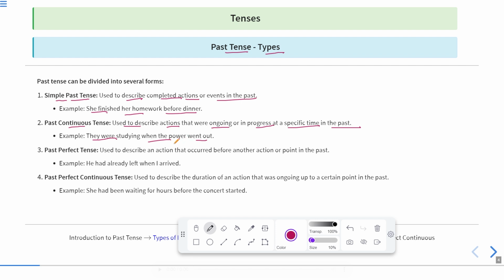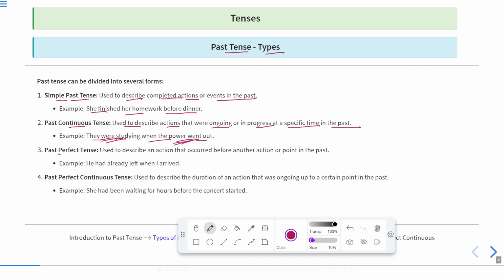Okay, so the time was when the power went out, and what they were doing at that time, they were studying. So here it is shown that some action was going on in the past, and what indicates the past? When the power went out. It is possible that the speaker is referring to a point of time when the power went out and what was happening at that time.